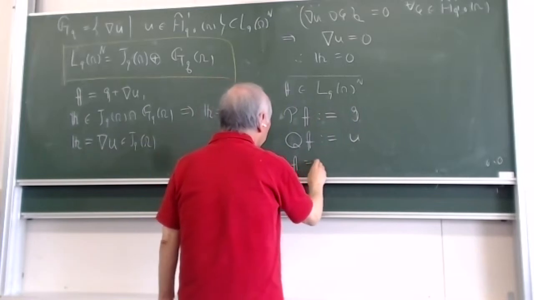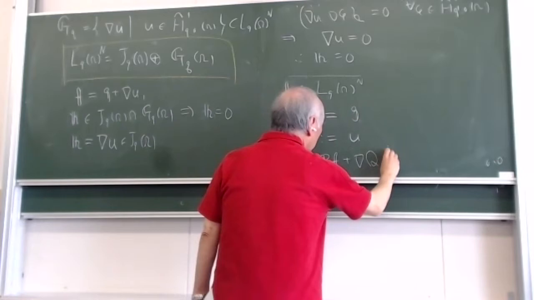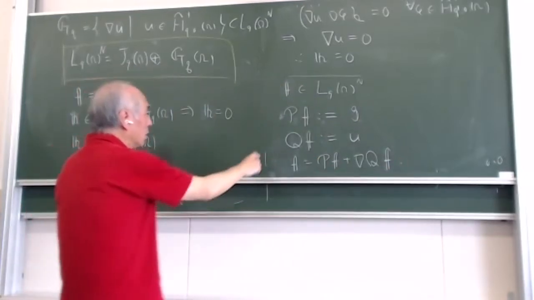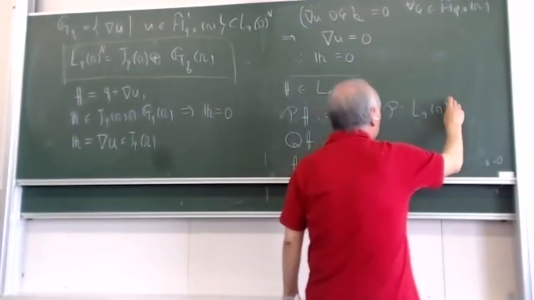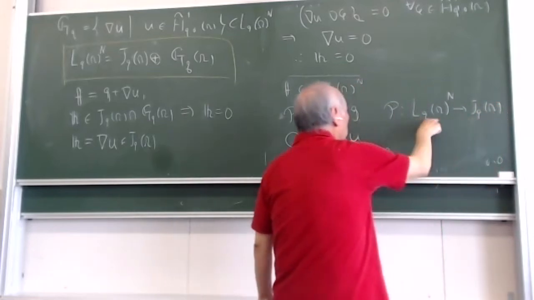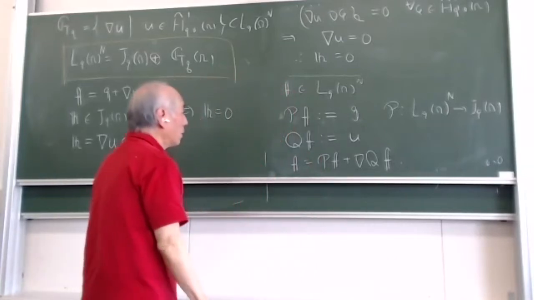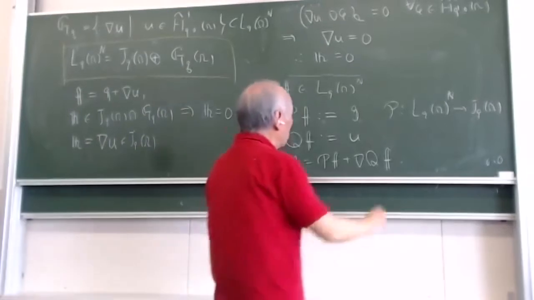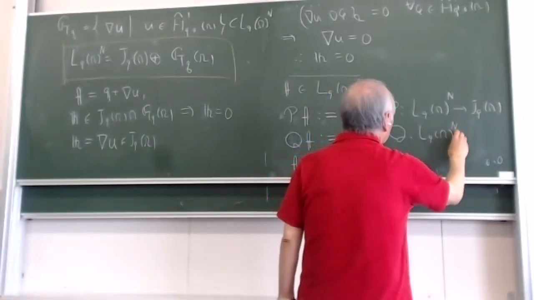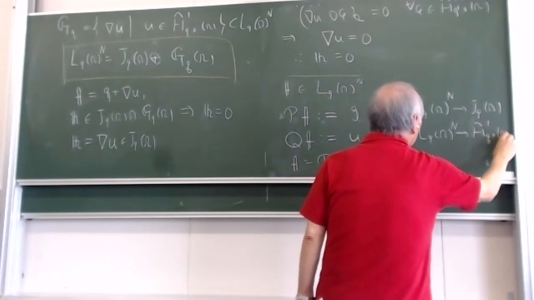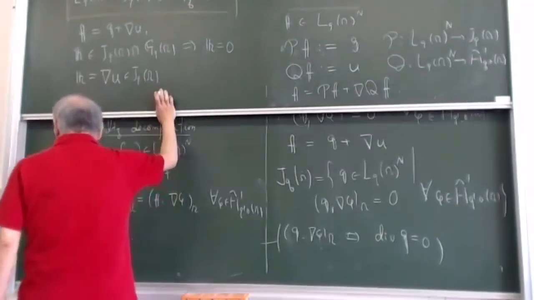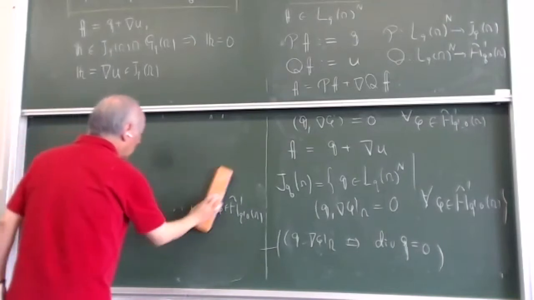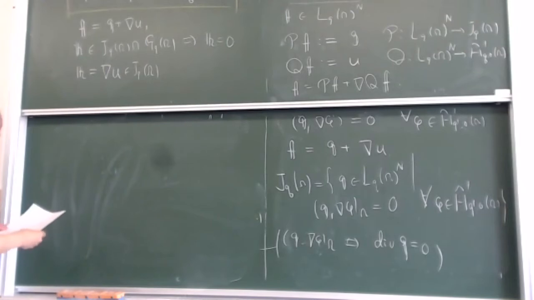Therefore, F is here. So P is the projection from L^q(Omega) to this solenoidal part. This is the Helmholtz decomposition.